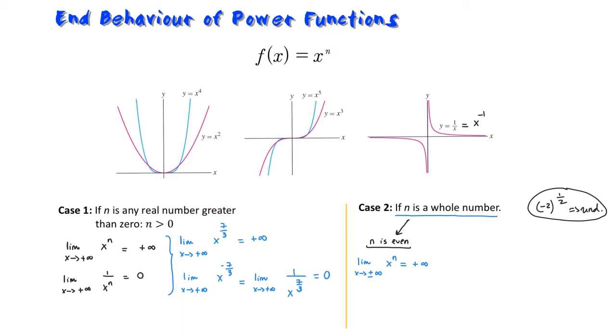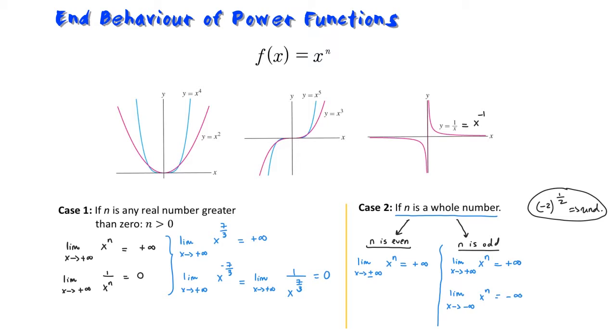Now, what happens when n is odd? If n is odd, now we have an odd exponent. If that happens, then the limit as x approaches positive infinity of x to the n will be equal to positive infinity. And the limit as x approaches negative infinity of x to the n will be equal to negative infinity.